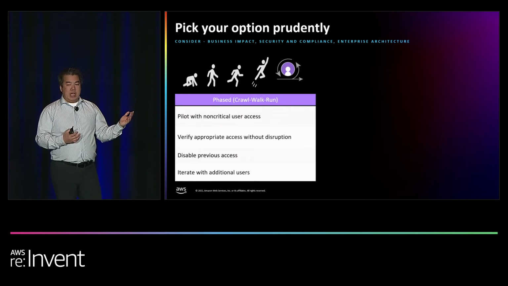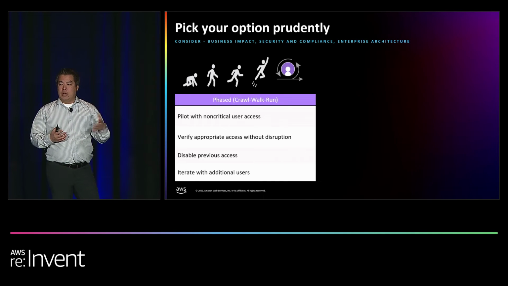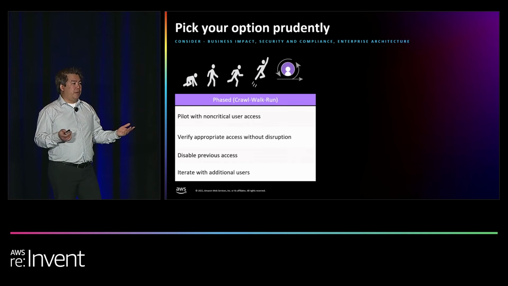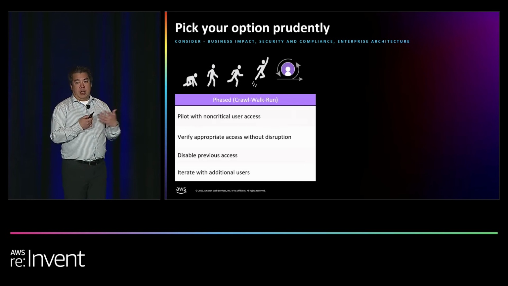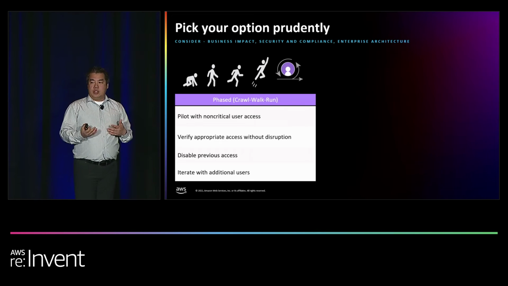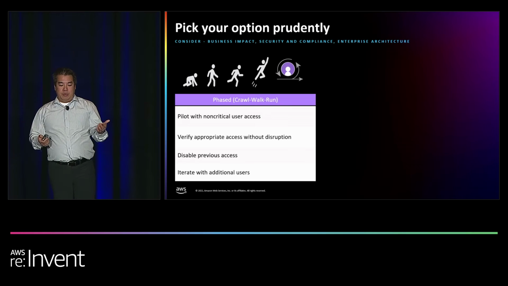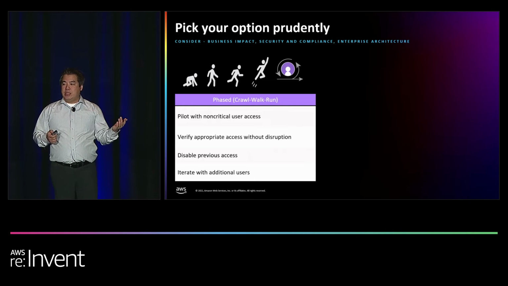So at some point, when they've reached their comfort level, go ahead and disable their old access. And if for whatever reason down the road they run into issues, you can always re-enable the old access. Then you keep this process going till you've gone through all the users in your organization. This is very useful if you have a smaller organization and a lot of time to take this slowly and work your way through any edge cases that may come up.